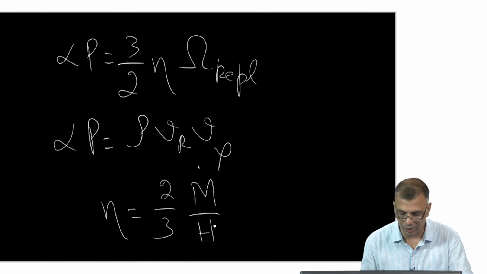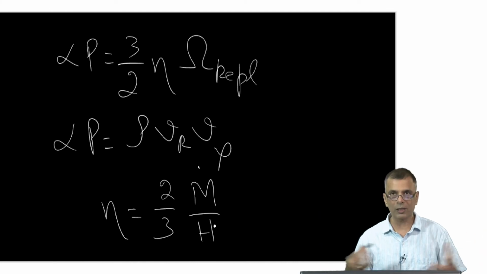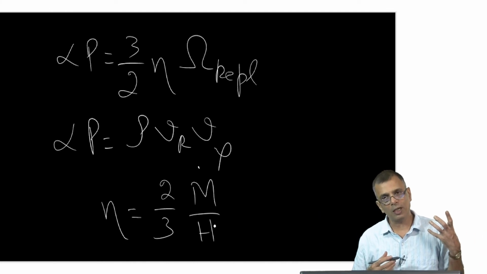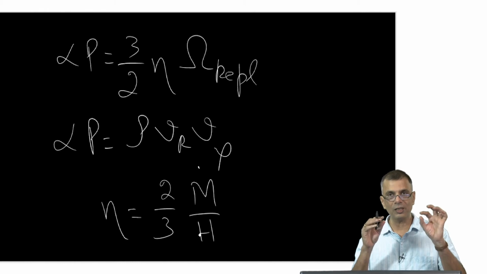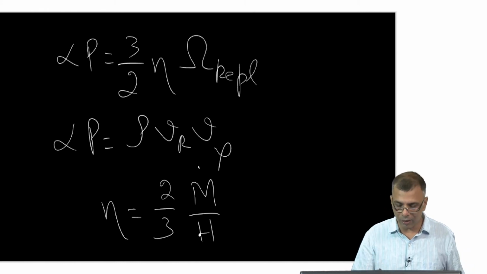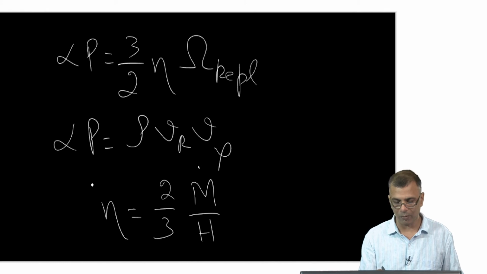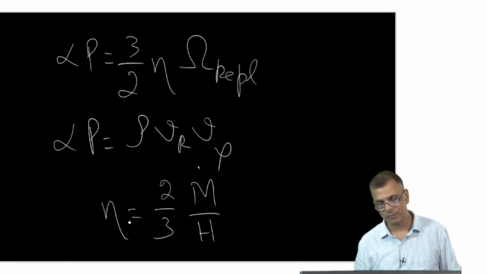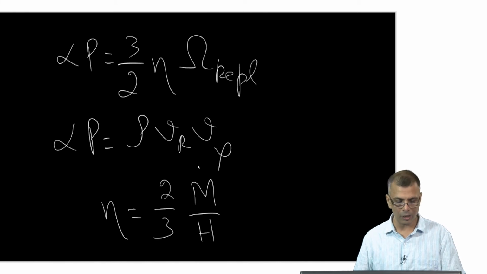Why is this interesting? This is because you see the m dot is a global thing. It's essentially the amount of grams per second that the central object is able to swallow, right? And h is the thickness of the accretion disk. These are all global things, and this is being related to the microphysical properties of the accreting matter, which is embodied by eta.